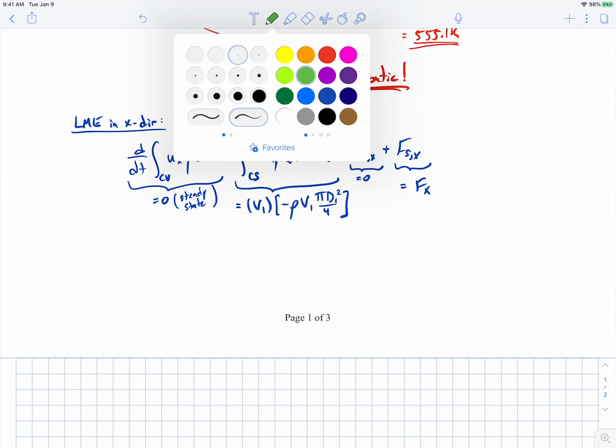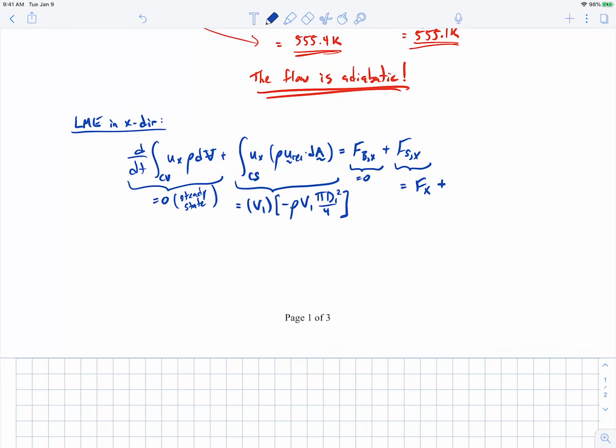I'll keep it in my blue ink here. So this will be plus P1 gauge times pi d1 squared over 4. So let me go ahead and rearrange that.